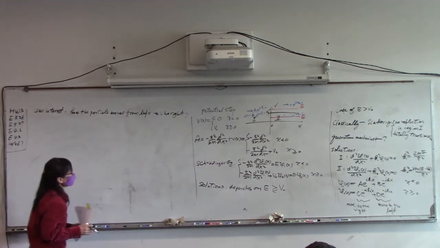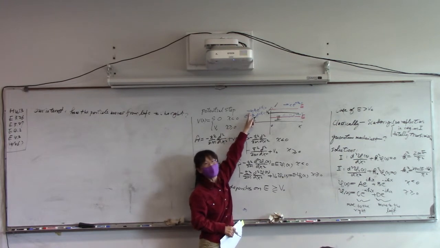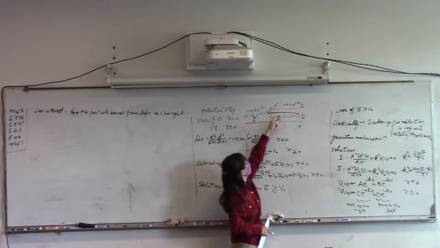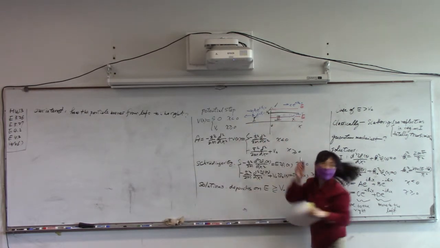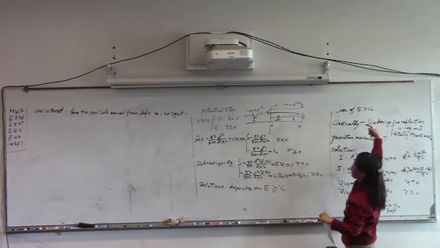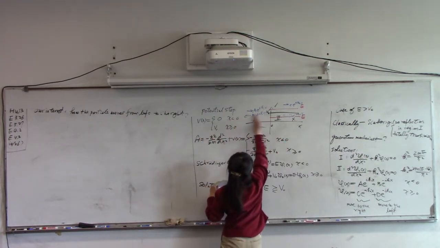So if we consider this, initially this one is the incident particle or wave, right? This is reflected, and this one is transmitted. This other one is not what we are interested in, the one where a particle moves from right to left. We just consider what happens if a particle goes from left to right.